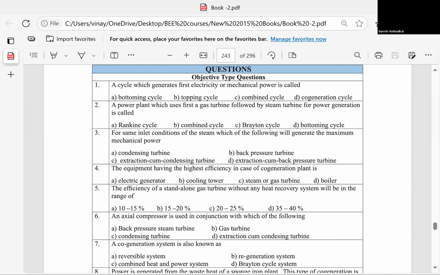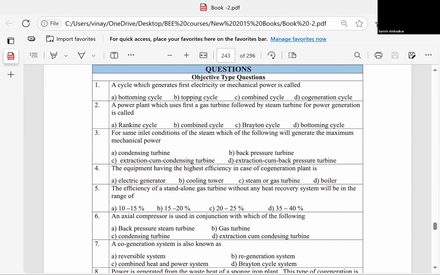You can again go through the condensing, extraction turbine, back pressure turbine, read through. The answer is condensing turbine, because the question is asking which will generate the maximum mechanical power. What is mechanical power? The torque generated, which rotates the generator. So the entire heat converted into steam is used for power generation.